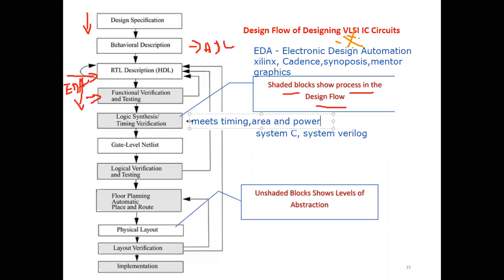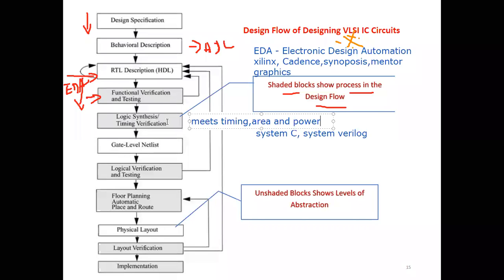That is the speed, or I can say the timing of the circuit, whether it's meeting the proper timings. Then area, what about the area of the circuit? Next is what about the power consumption. So these three parameters are very important when you are going to design any circuit.